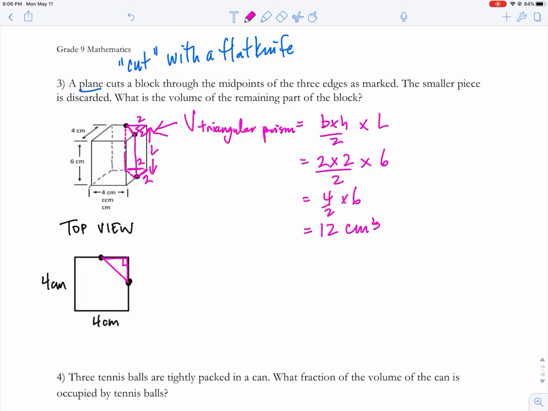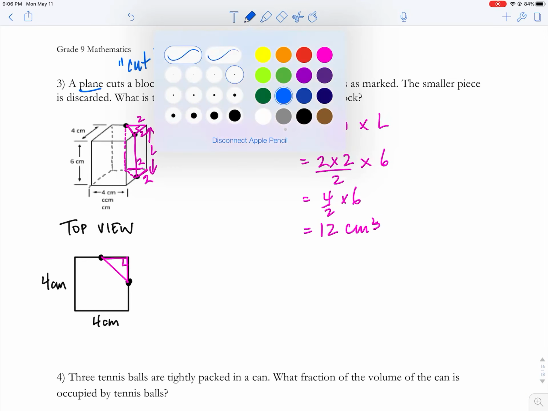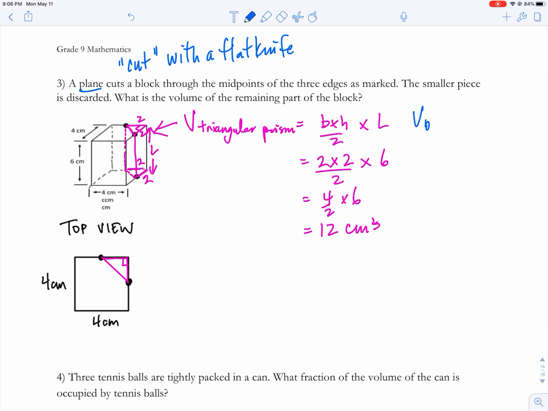And then if we were going to figure out the volume of the entire block and then subtract away the triangle, the volume of the regular block is just going to be length times width times height, which is 4 times 4 times 6, which is 96 centimeters cubed.